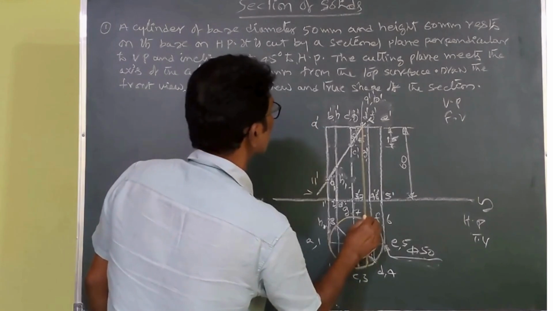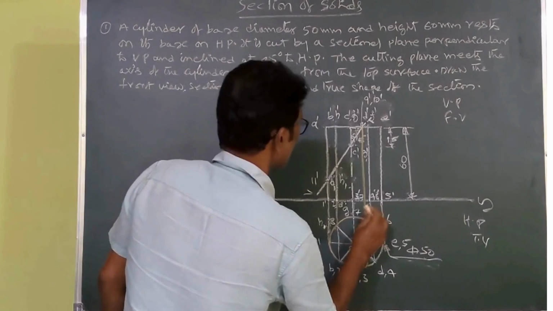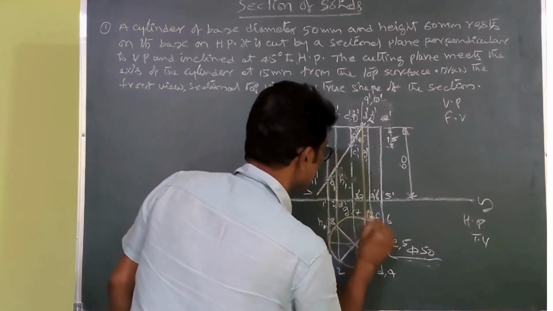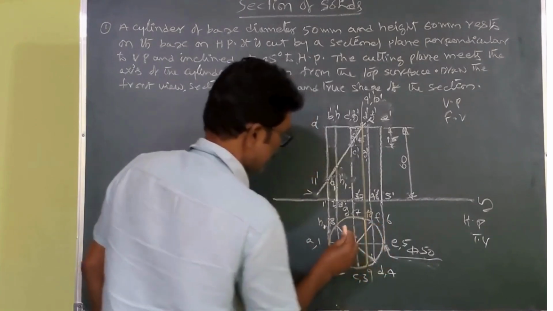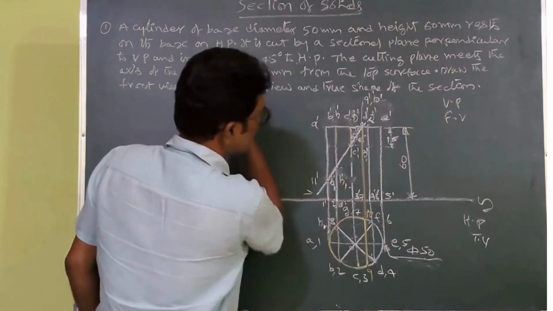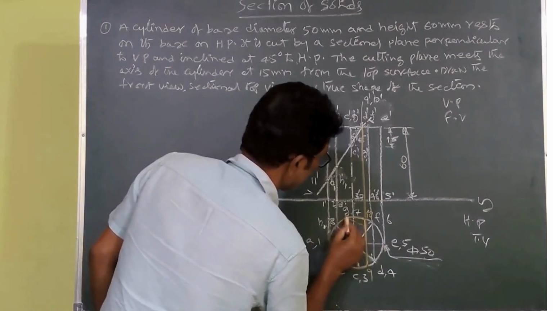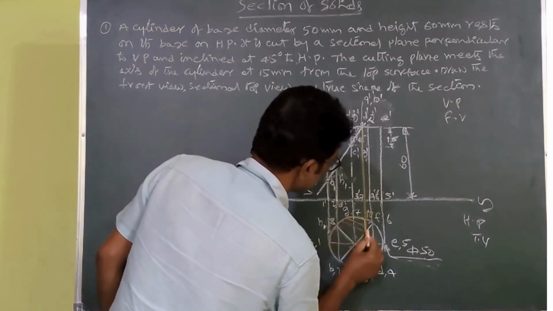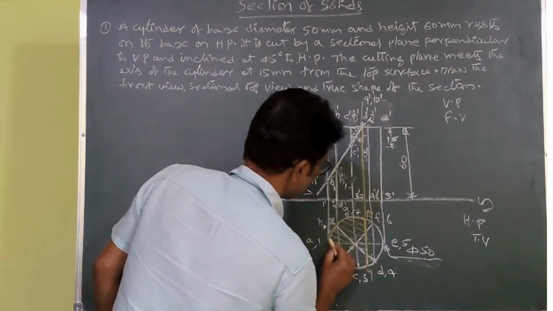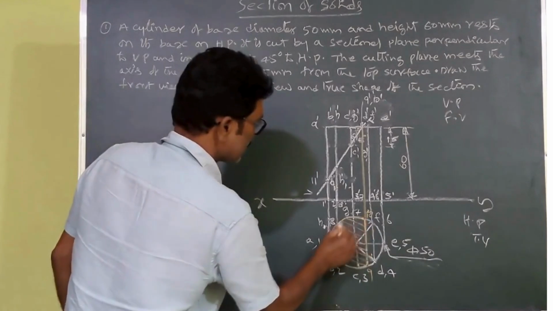Let us say this is 9 and 10, these two points. Suppose this part is removed, you see in this direction the shape appears in the top view. You draw 45 degrees lines and shade these lines. So the shape appears like this.